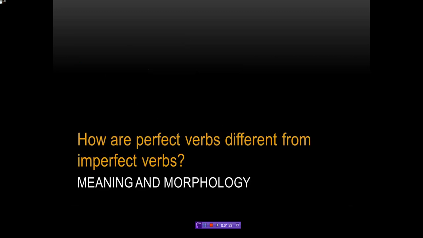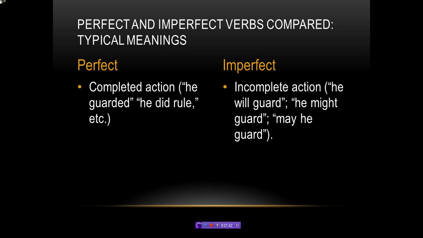Let's jump right in. First, how are perfect verbs different from imperfect verbs? Let's start with what we know. We've been working with the perfect verbs for weeks now, parsing them, translating them, and so now that we have that firm base of knowledge, let's compare what we know about the perfects to the imperfects. Let's begin on the level of meaning.